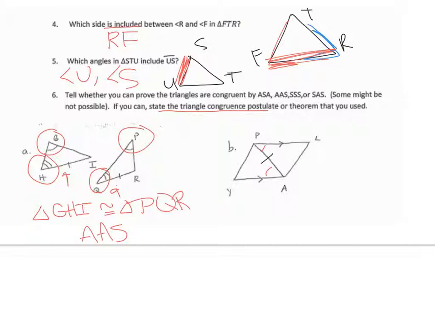So I can just write not possible. I would need to have either another angle or the side; these two sides would have to be congruent because it would have to be the angle that is between two sides. So I can't do anything.